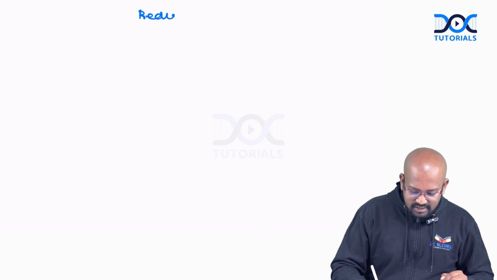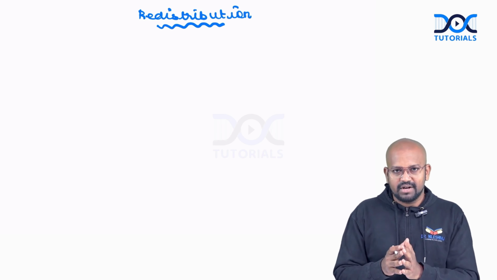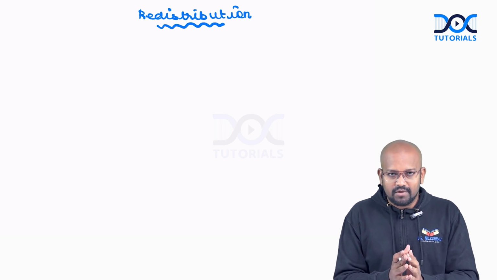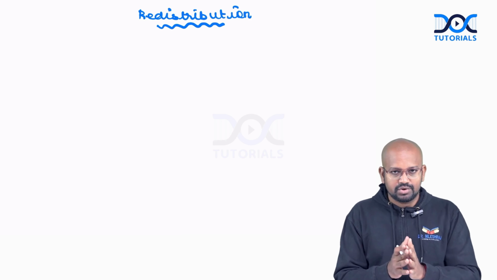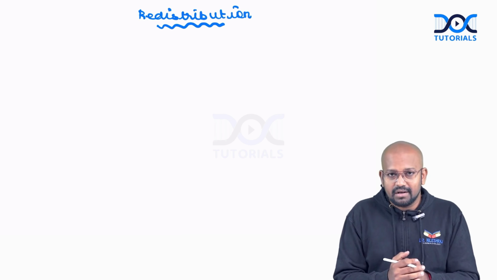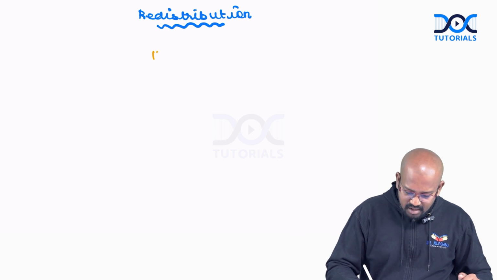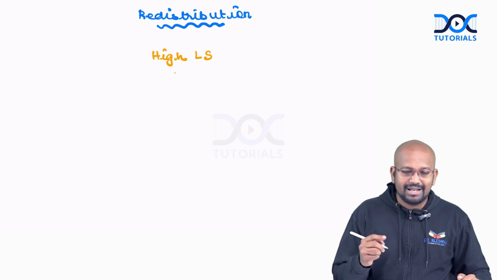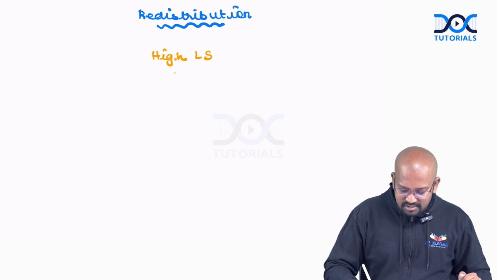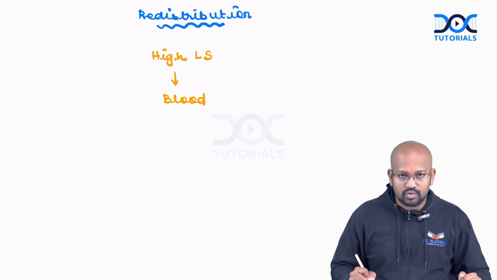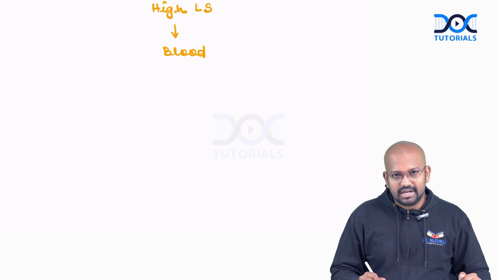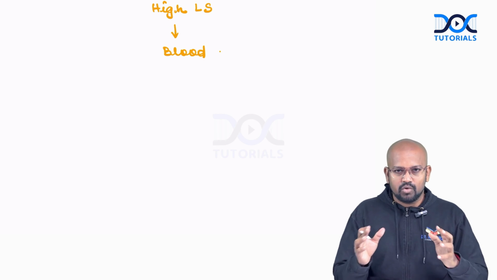Let's talk about redistribution. What is redistribution? We have discussed one important point previously, which is distribution, movement of drug molecules from the blood to the tissues or organs. Redistribution means whenever you administer a drug with a high lipid soluble capacity, this drug gains entry into the blood.